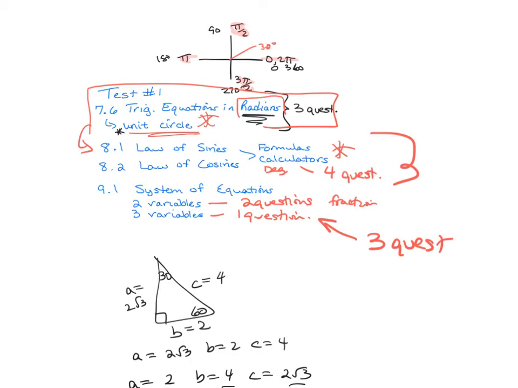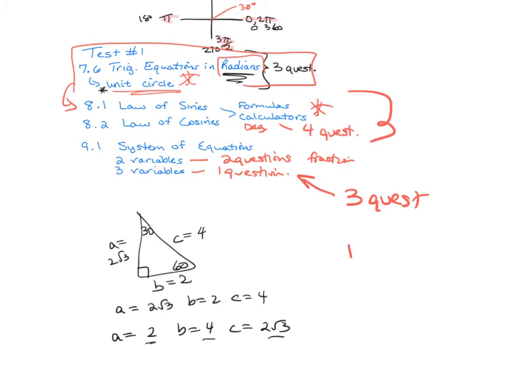Now, what's different this time, we have 10 questions. They're all multiple choice. They're all 9 points each. This time, the work is only worth 10 points. You need to have work for each question.